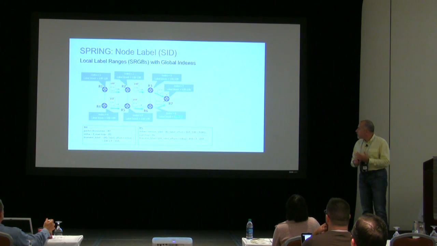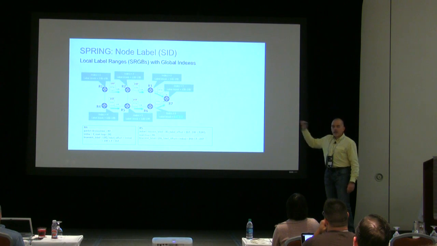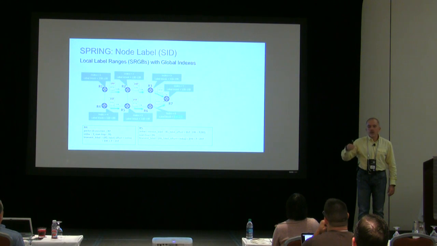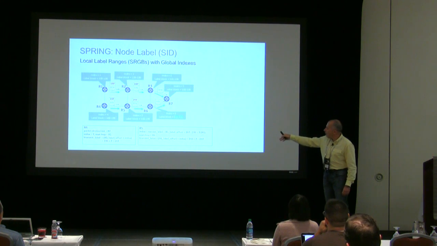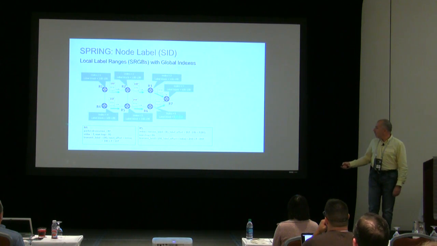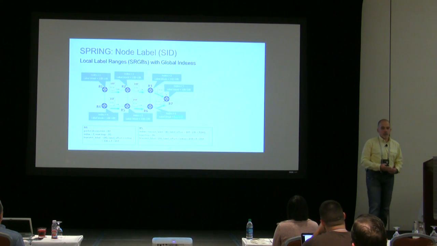Now, this combination of using a global index and a locally managed label range allows everybody to be happy. Router 7 is still going to be known by index 7, but the actual label that people are going to use to reach index 7 may change from hop to hop. In this example, R4 is going to calculate a label of 107 in order to reach router 7, but R5 is going to calculate a label of 207 because that's within its label range.